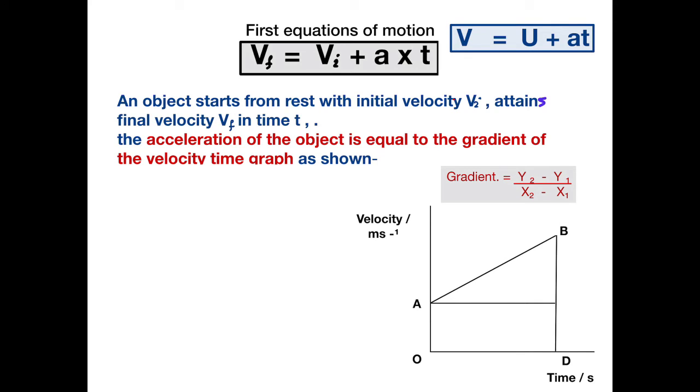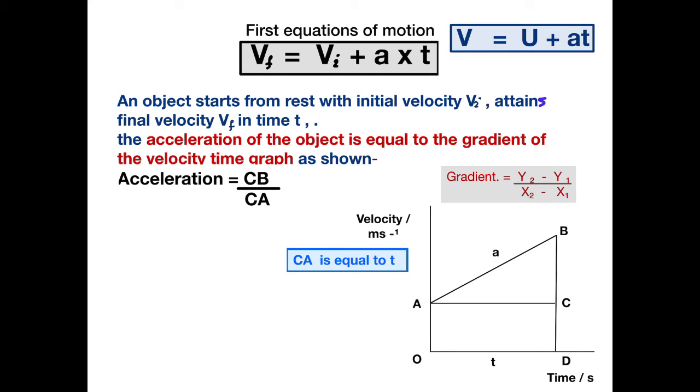We need to draw a horizontal line from A to C to show that the gradient or the slope of the line AB started from point A up to point B. Using the concept of gradient as change in y-axis, we can write the line from C to B divided by change in x-axis, that would mean the line from C to A. So acceleration becomes a equals CB divided by CA.